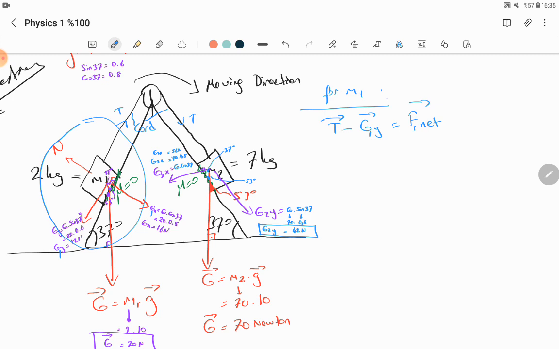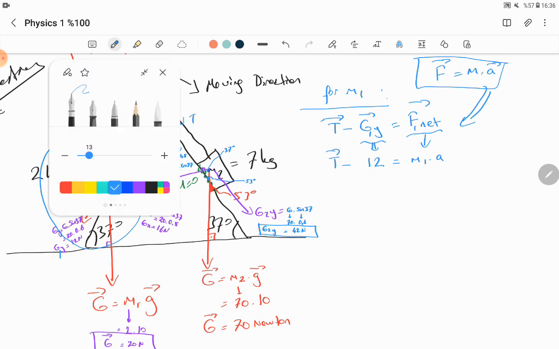and if we write the value of G1y, and T we don't know the value, and we write this here. F1 net, all of the forces, is equal to mass multiplied by acceleration. So F1 net equals M1 times A. A is also our system acceleration.